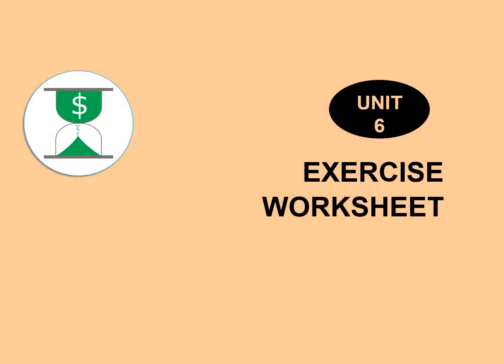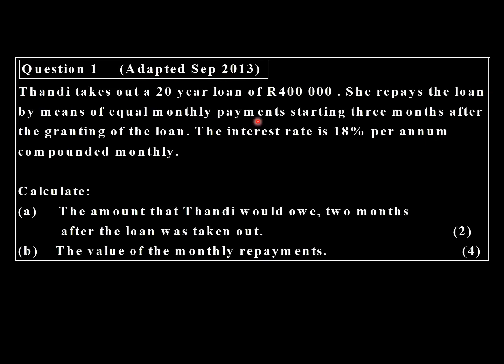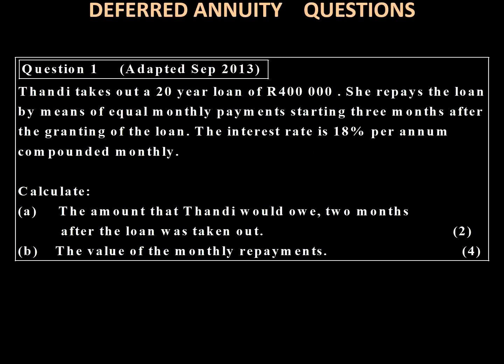Now we come to the most important part, and this is the exercise worksheet where you get a chance to practice this. As before, I suggest you go through the videos again and try to do the problems on your own before you try these examples. Here we have a question that has to do with after the loan was taken out, so this is a deferment question.